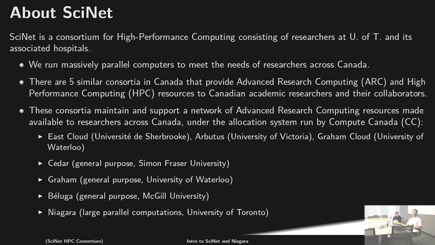We maintain those systems and we do that support for any researchers in Canada. So all of the large supercomputers in Canada for academic research are pooled together, they're shared. And if you need a specific kind, even if it's not located near your local consortium, you can still use it.